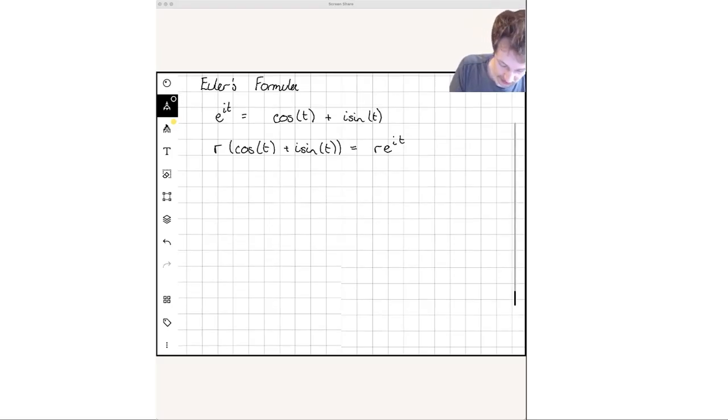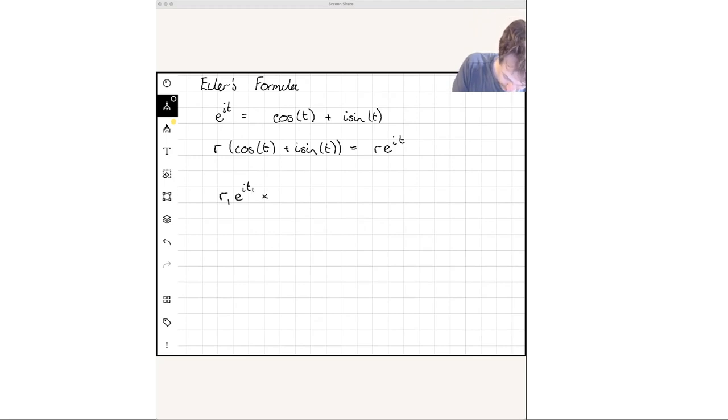And to see why, let's see how multiplying two numbers in this form works. Well, this is just multiplying numbers, so we can write this as r1 r2 times e to the i t1, e to the i t2. But when you multiply exponentials, you can add the numbers up here.